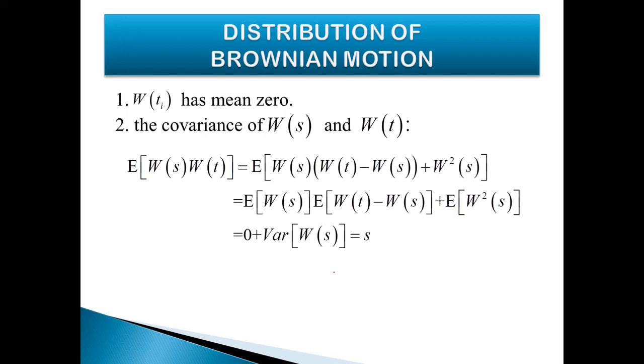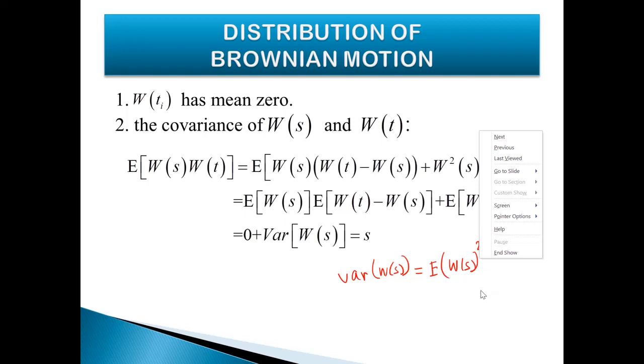Now the thing is, if you consider the variance of W(s), you will get expectation of W(s) whole squared minus expectation of W(s) whole squared.